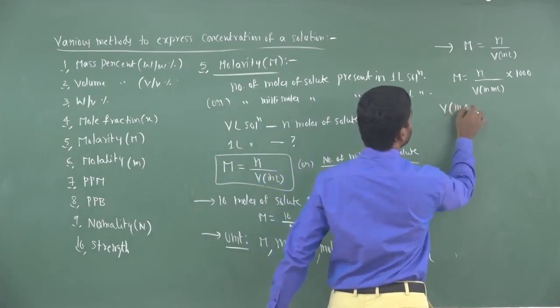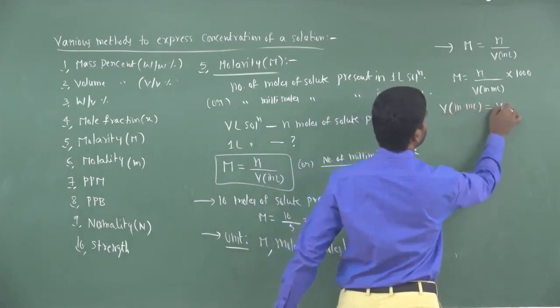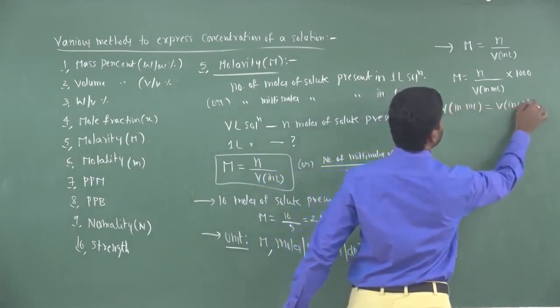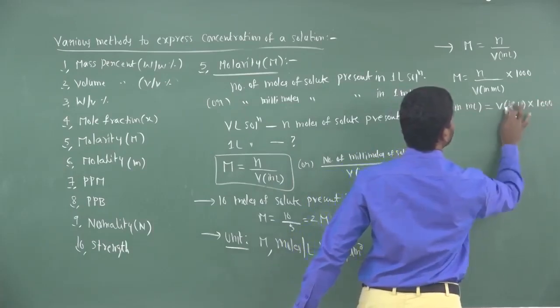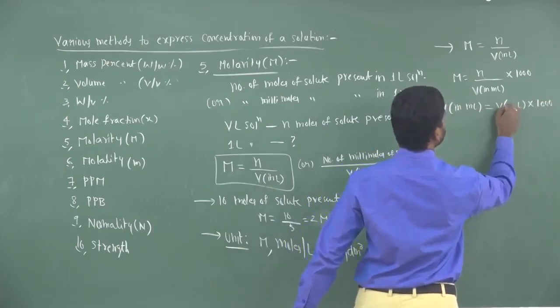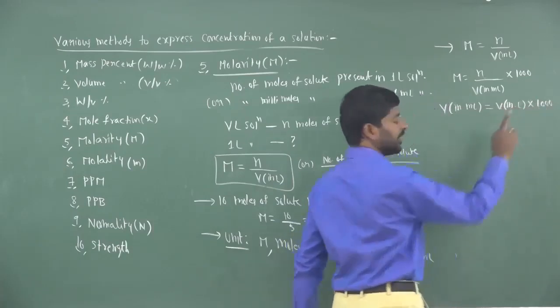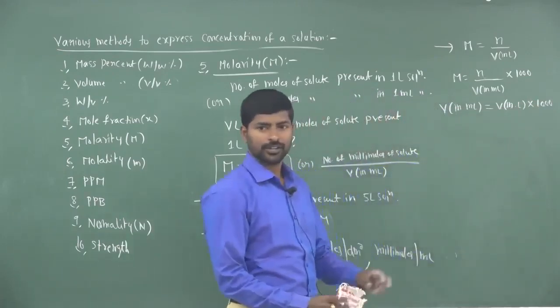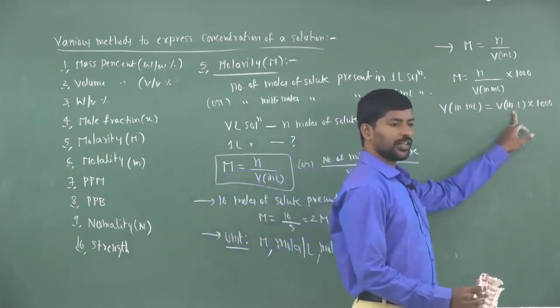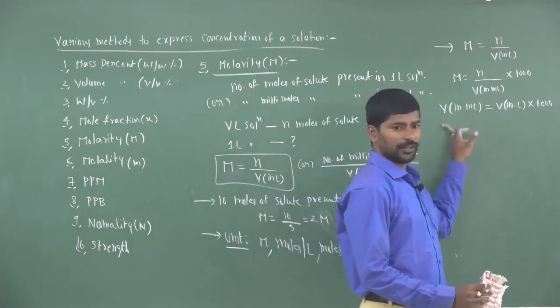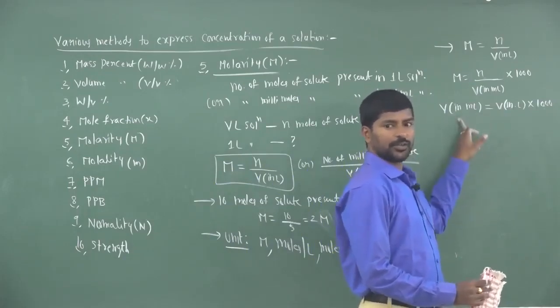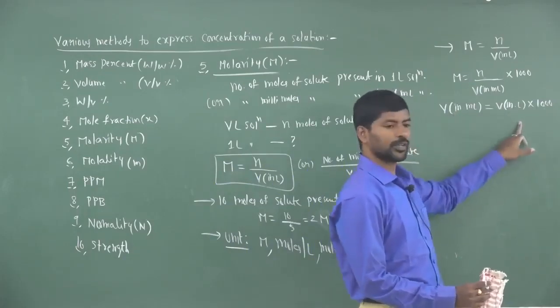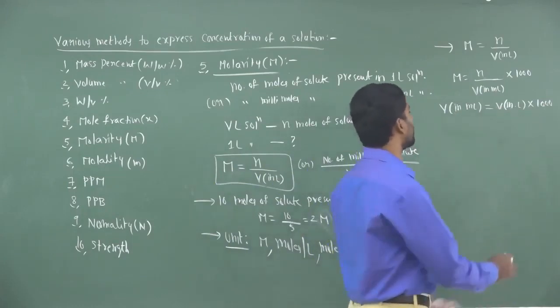Numerator. So volume in ml is nothing but volume in liters into 1000. 2 liters means 2 into 1000, 2000 ml. So volume in ml is nothing but volume in liters into 1000.